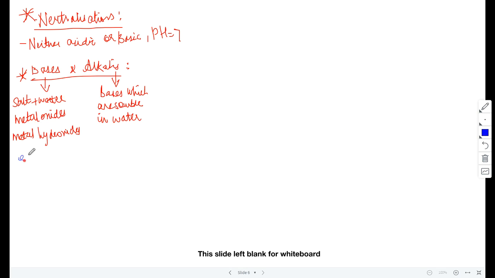Now, if I give you an example of copper oxide, according to you, is it a base or an alkali? It is a base. But is it also an alkali?